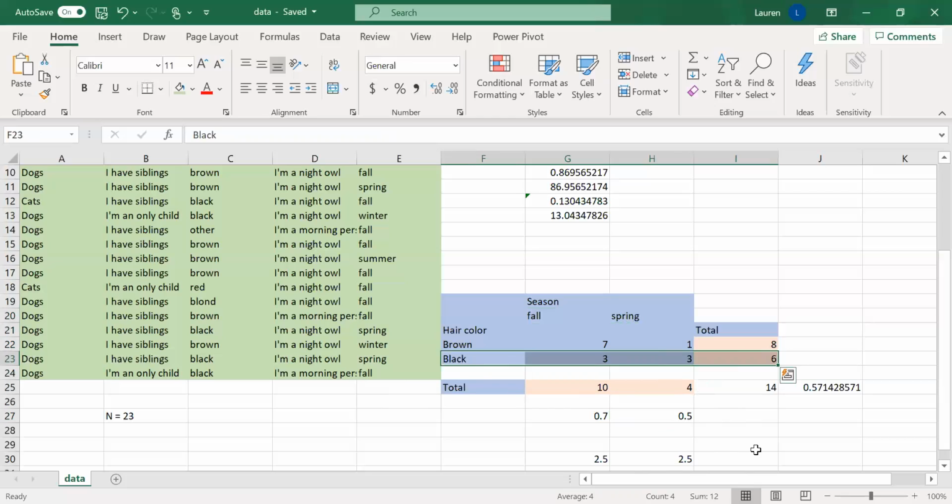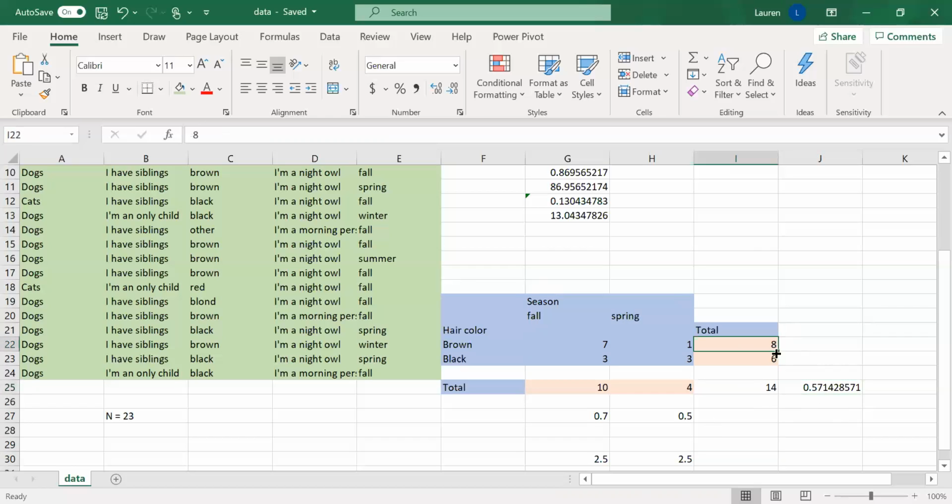We could ask proportions or percentages that pertain to the total number of participants. So I could say, out of everyone in this data set for this table, what proportion of the total number of people had brown hair?